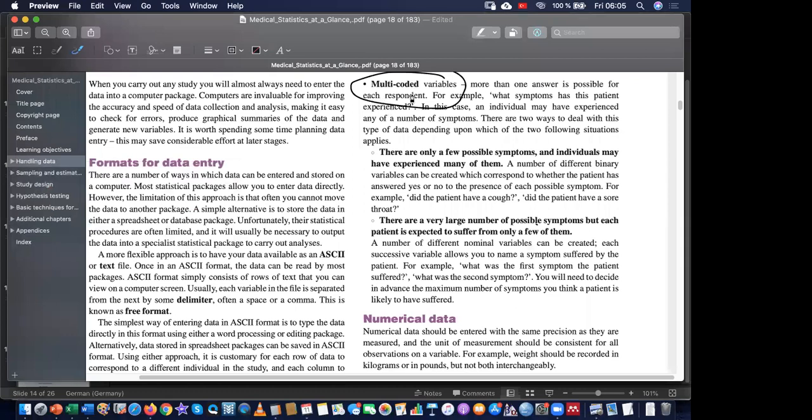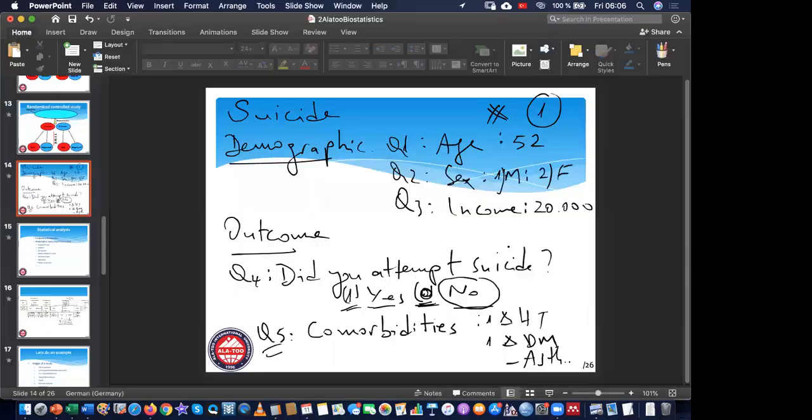In a multi-coded variable, there can be two possibilities. One is there are only few possible choices, symptoms or choices, we can call it that, and the person may select many of them. Or there are a large number of possible symptoms or choices, and each patient can suffer only a few of them or only one of them.